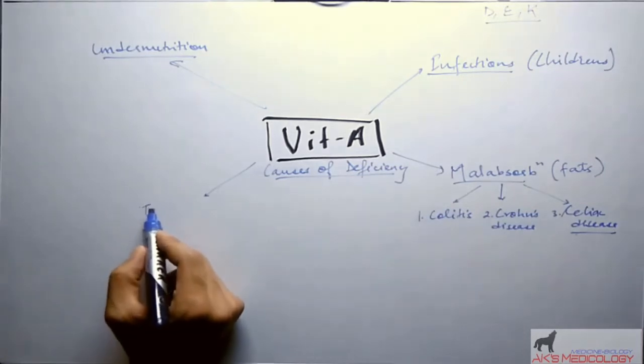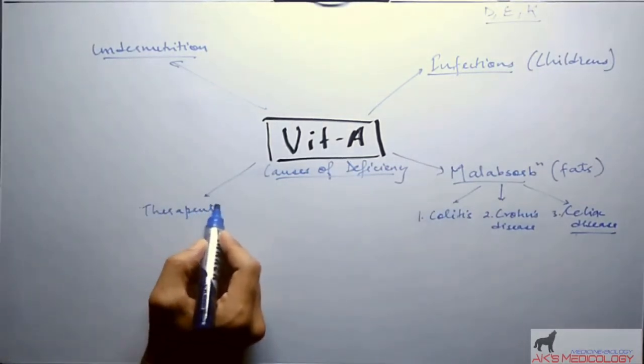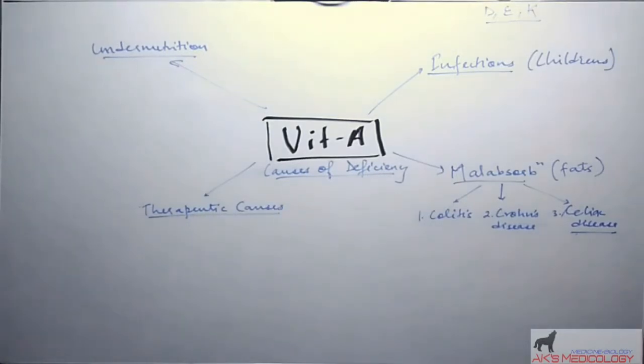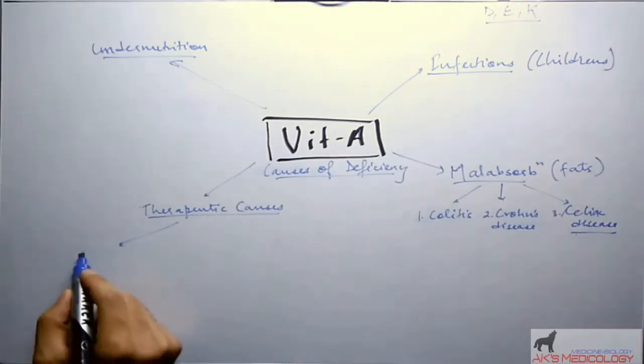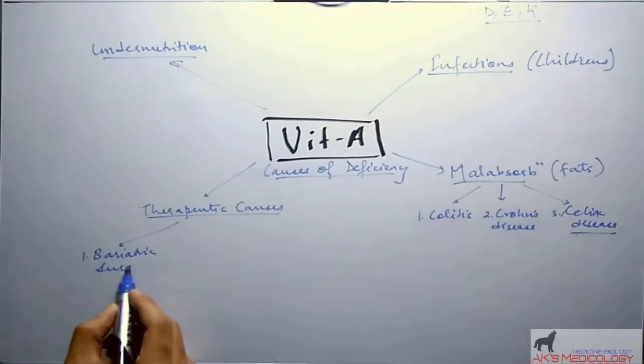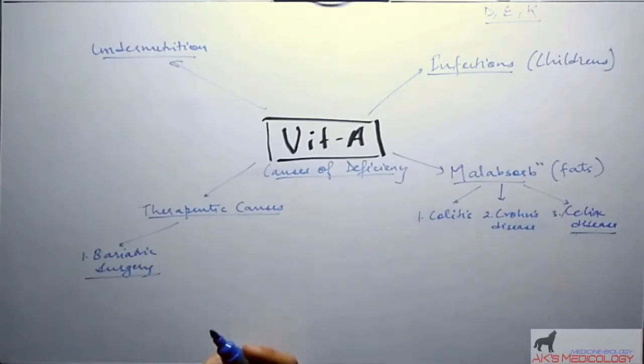There are some other causes which are therapeutic in nature. Therapeutic causes are those induced by a procedure or medication which is intended to treat some other disease but as an adverse effect causes deficiency or malabsorption of vitamin A. One is bariatric surgery, a surgery performed to reduce obesity or fat content, generally in two major ways: resection of the stomach or reduction in the size of the stomach, or gastric bypass.